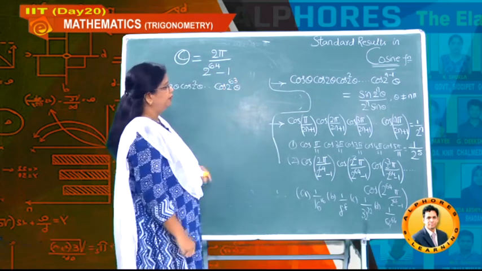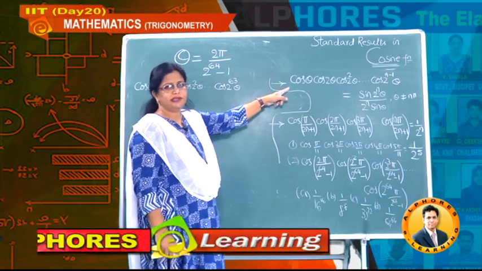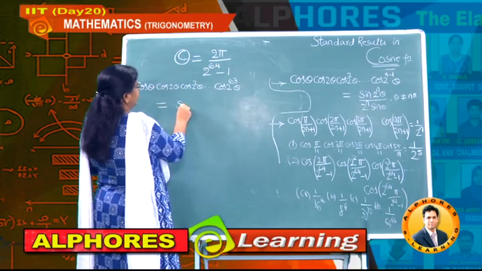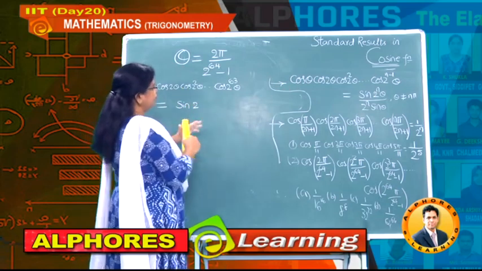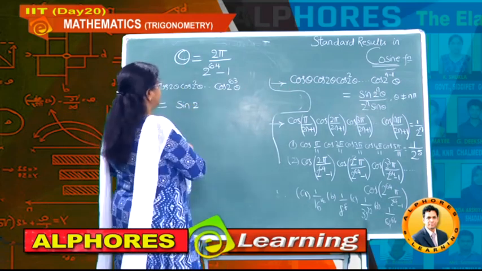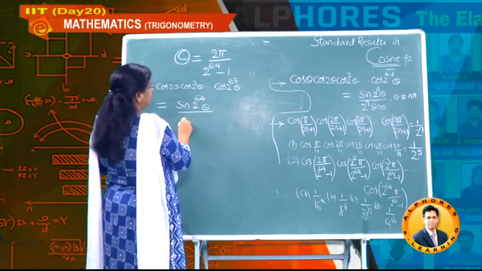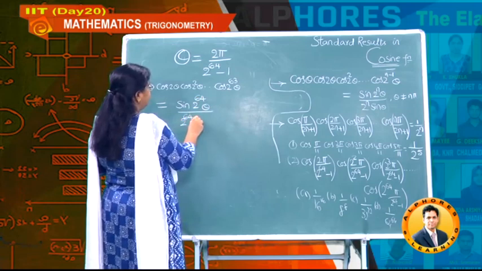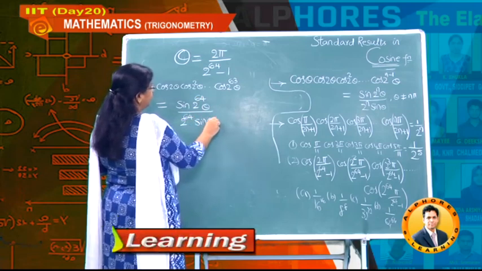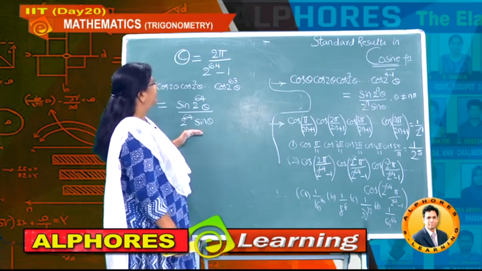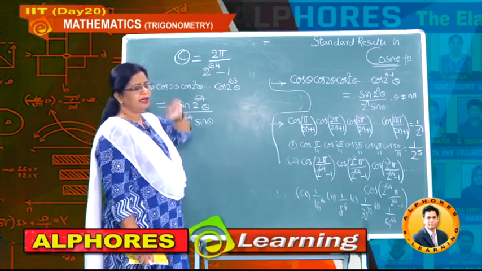Got it? Now let us make use of this result. What is the formula here? It is equal to sin 2 to the power of n, that means the continuation, so 2 to the power of 64 theta divided by the denominator 2 power 64 into sin theta. Understand students? Now again, what is your theta?